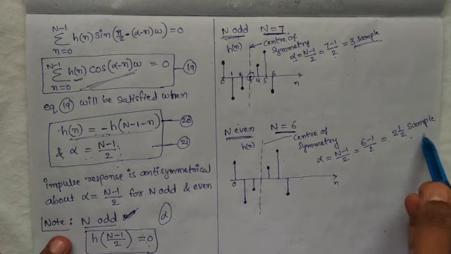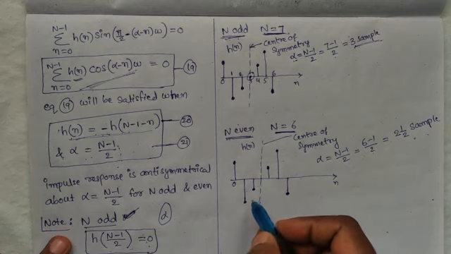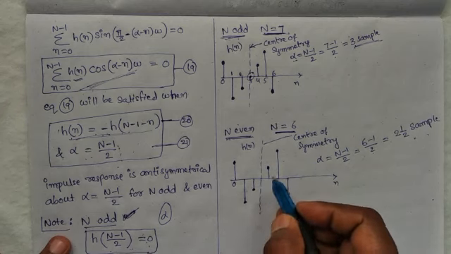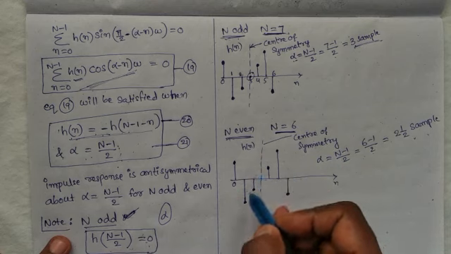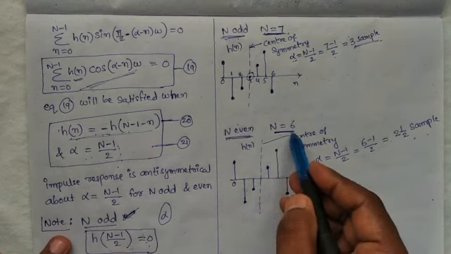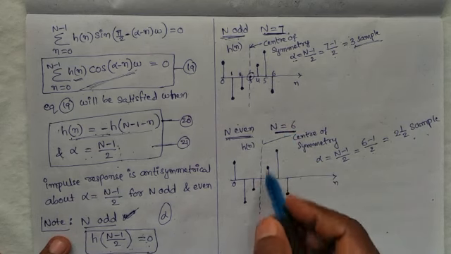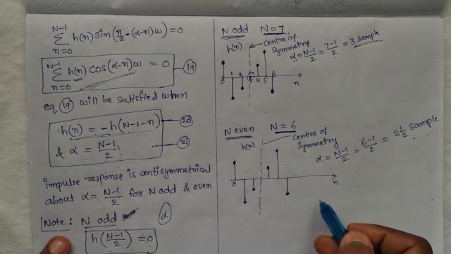The center of symmetry occurs at alpha equal to capital N minus 1 by 2, means at 2.5 samples. Means the FIR filter delays by 2.5 samples.